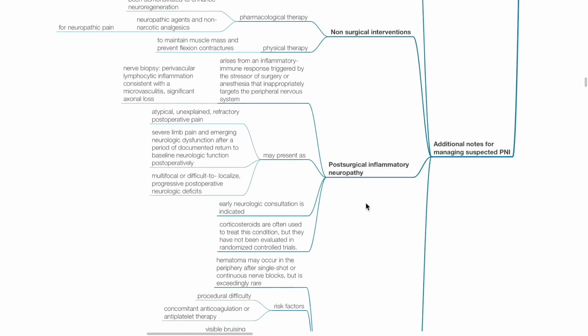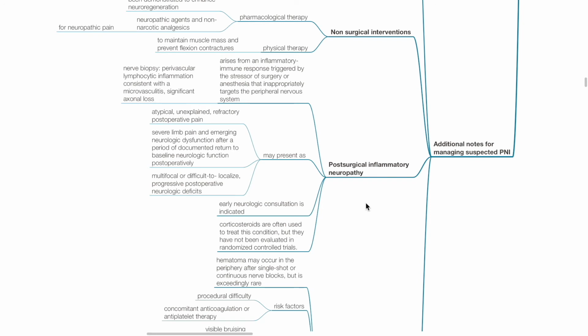Post-surgical inflammatory neuropathy arises from an inflammatory immune response triggered by the stressor of surgery or anesthesia that inappropriately targets the peripheral nervous system. Nerve biopsy shows perivascular lymphocytic inflammation consistent with a microvasculitis with significant axonal loss.